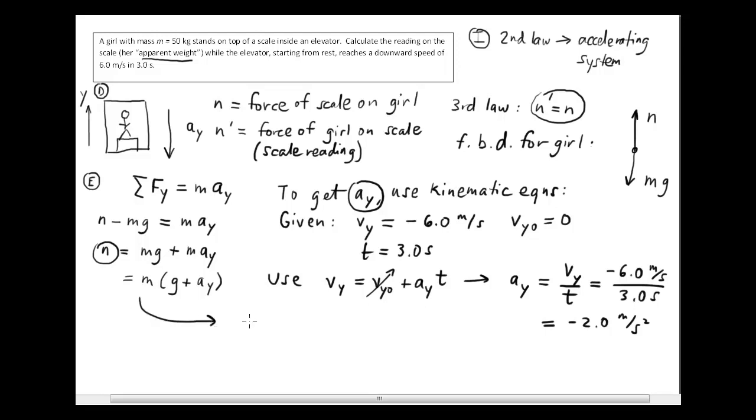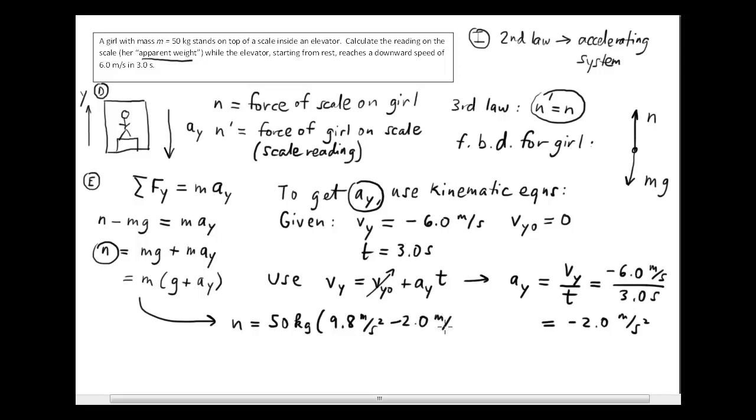So N is mass times g plus ay, so it's 50 kilograms times g, which is 9.8 meters per second squared, and then plus ay. Well, ay is negative, and so the sign is critically important.